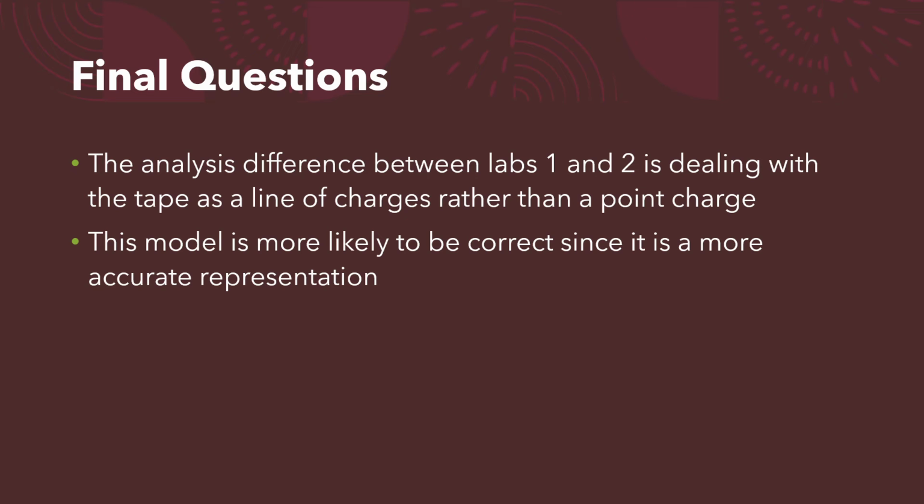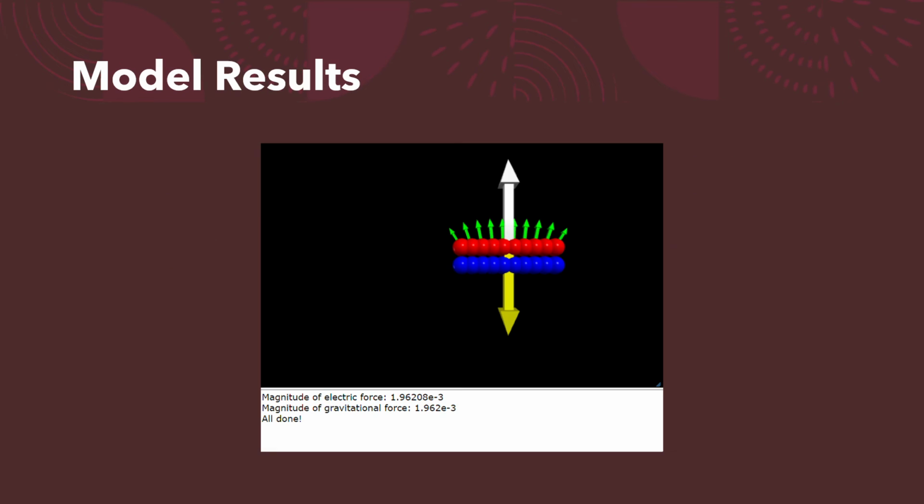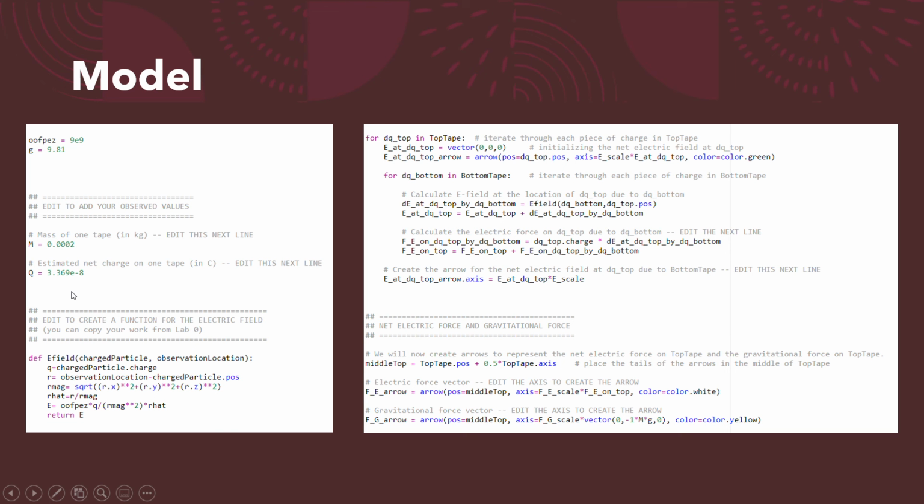So as you can see, the analysis is different between this one and Lab 1, because Lab 1 was focused on using the pieces of tape as a point charge, and in Lab 2, as we used them as a line of charge, we got a slightly different overall charge for the tape. Here, let me just go back so we can focus on that.